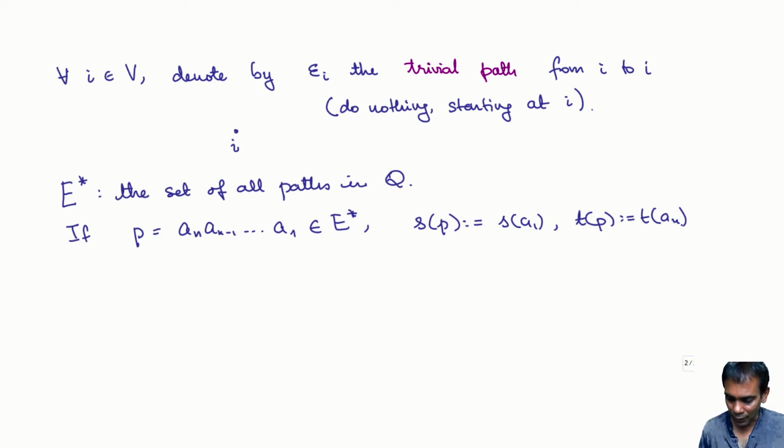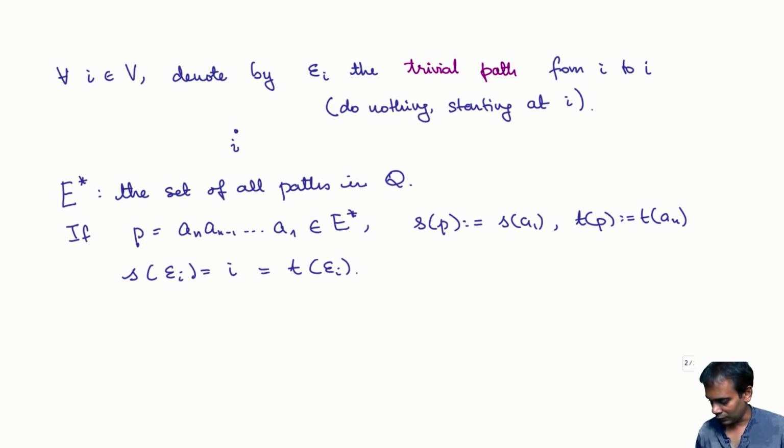Then this P is a path from source of P to target of P, and the empty path corresponding to I is a path from I to I. So this will be the convention. So much for the definitions of quivers and paths in quivers.